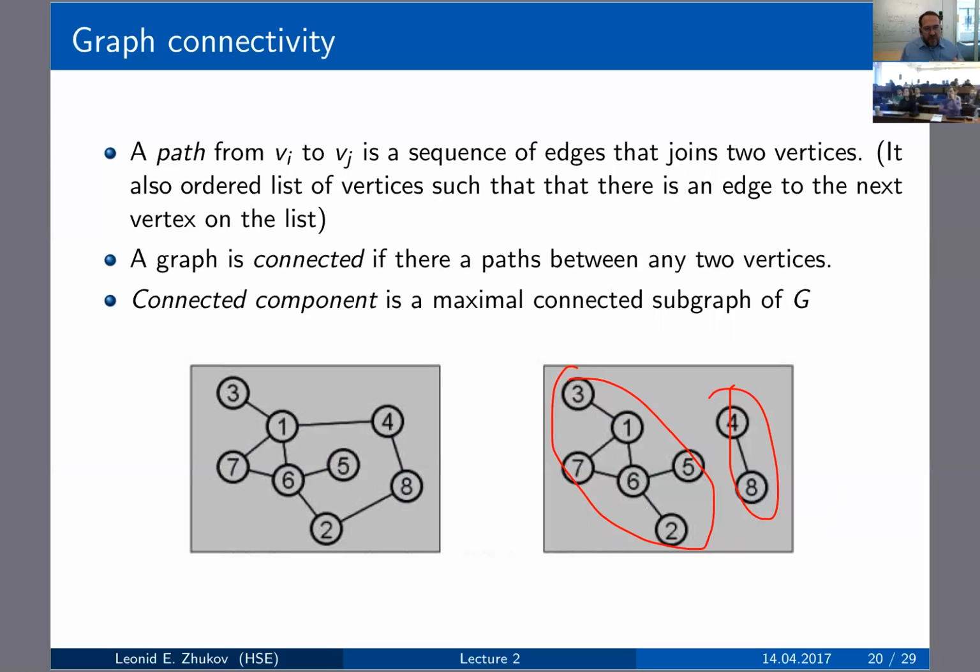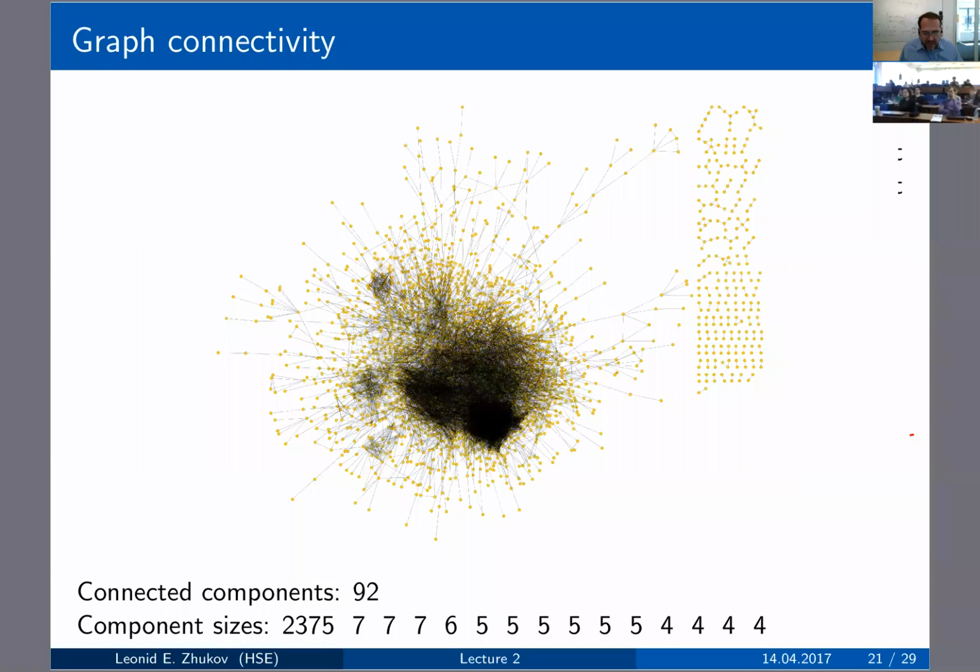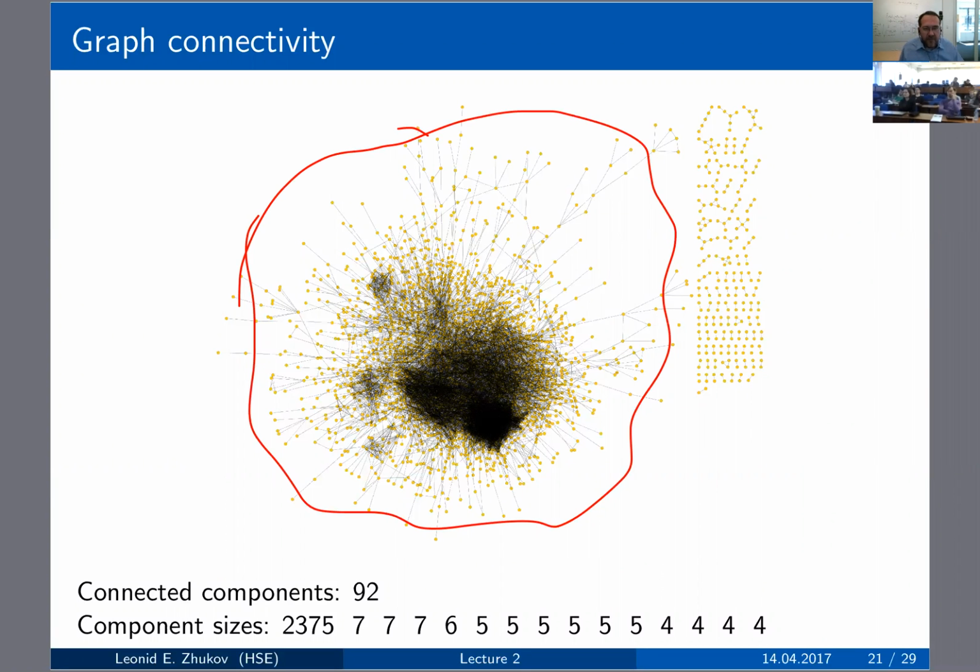We usually focus on, and are interested in, the largest one, which is again the gigantic connected component. That's what it's usually called. Here is an example. Again, this is the same graph we saw before. This is our gigantic connected component. Within this big component, we can get from any node to any other node.